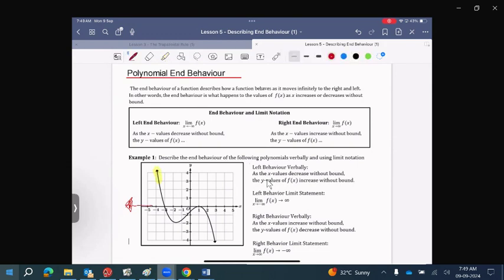So to pose the question mathematically of what it means to move infinitely to the left, this is the notation. And listen to how we read it.